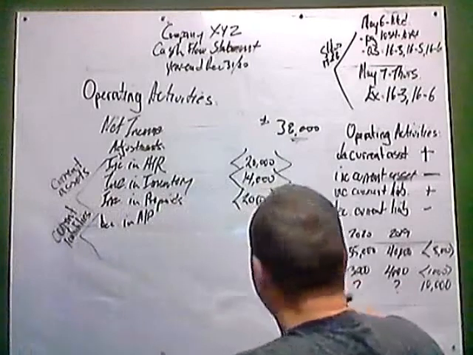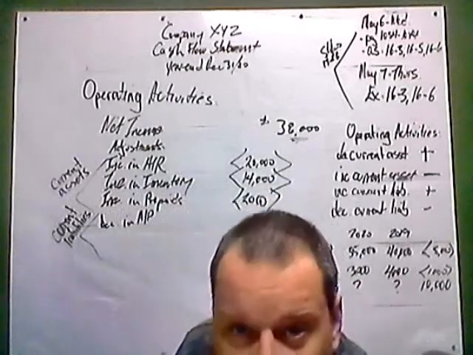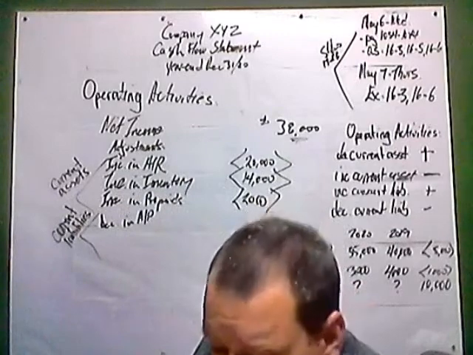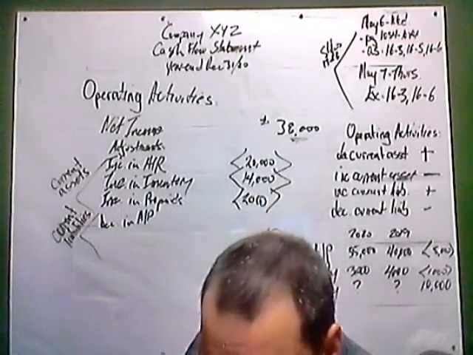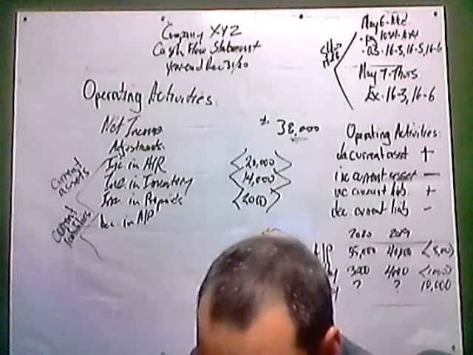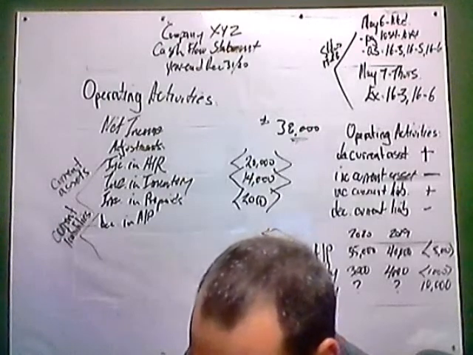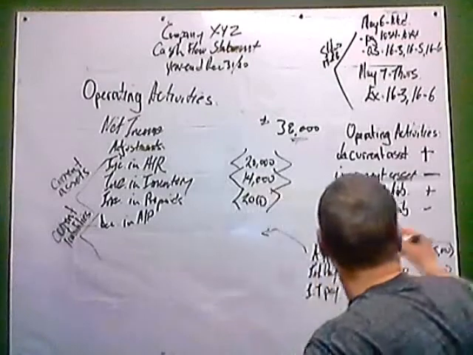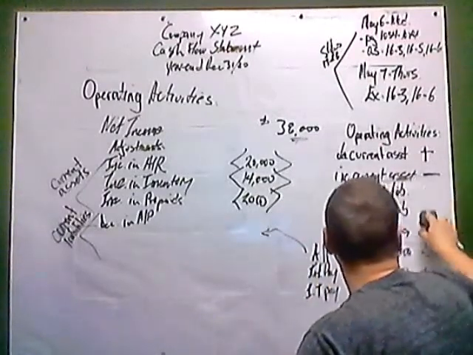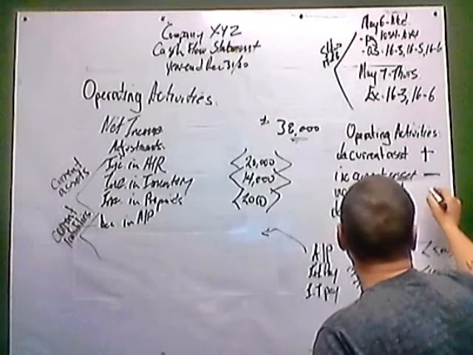So with a decrease in the current liability, which is what we have, 40, so it's gone from 40 down to 35. So a decrease in a current liability gets added. I don't know why I have the wrong things in here. Increase gets subtracted.